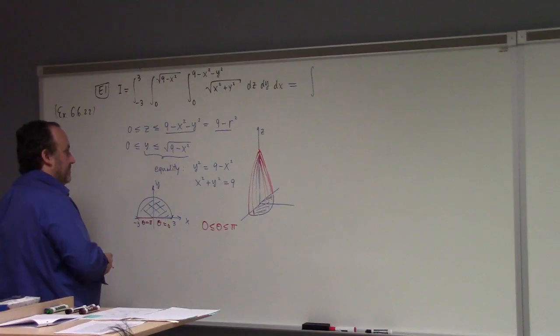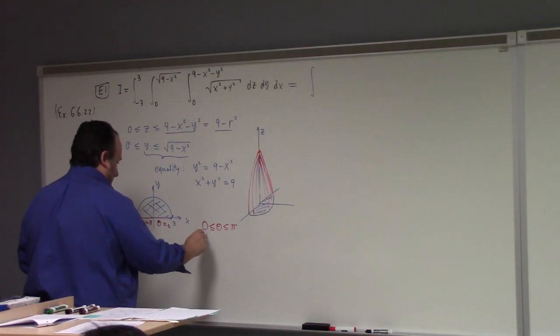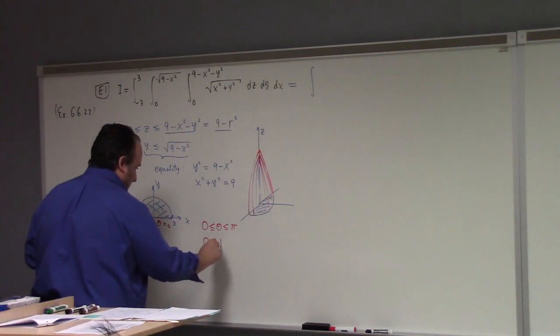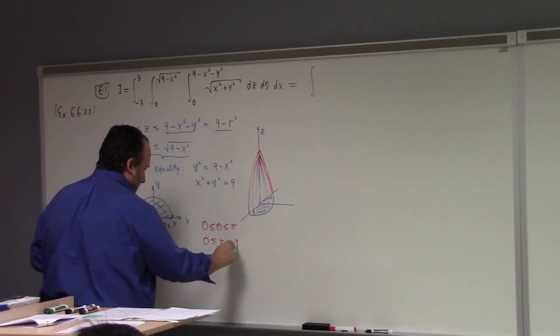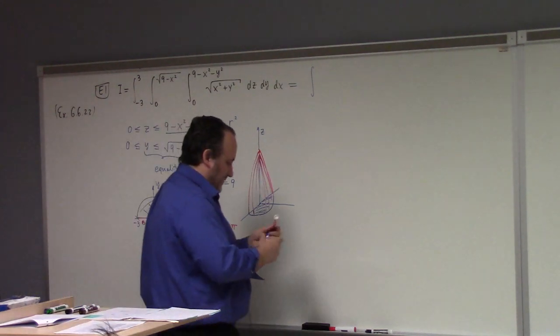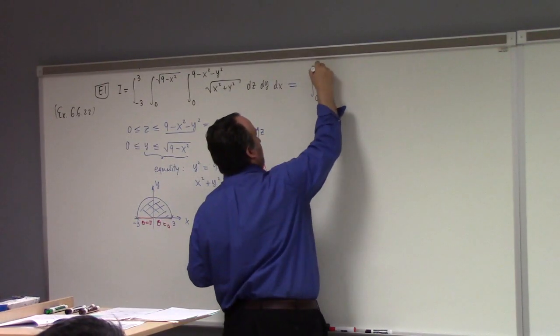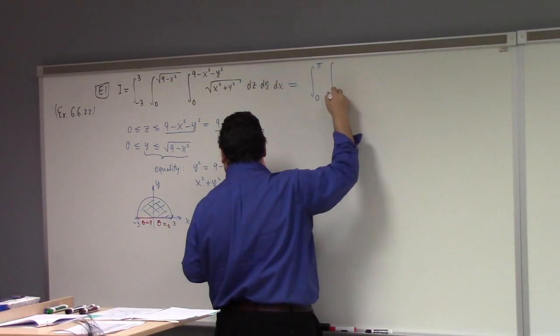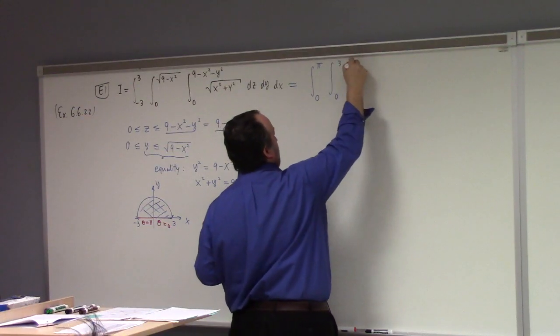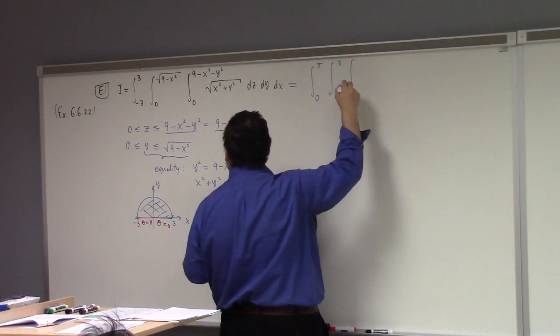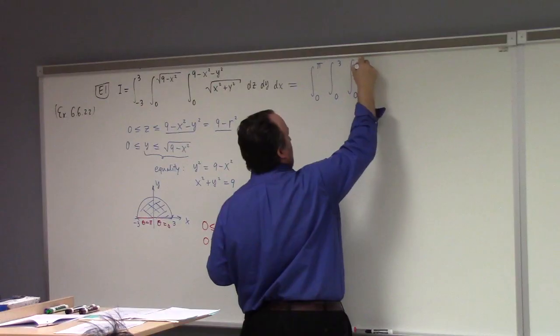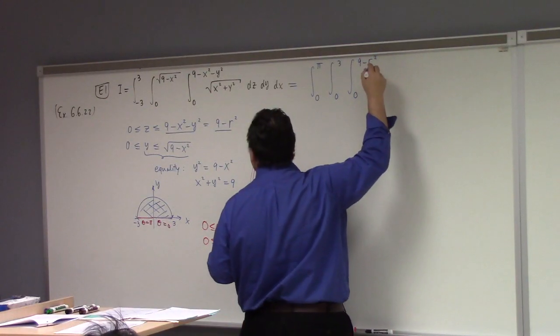And my r, I believe, is going to go from 0 to 3. Whichever one of those we want to do, I'll do the theta last, 0 to pi. I'm going to do my r from 0 to 3. My z bound is most exciting, 0 to 9 minus r squared, right?